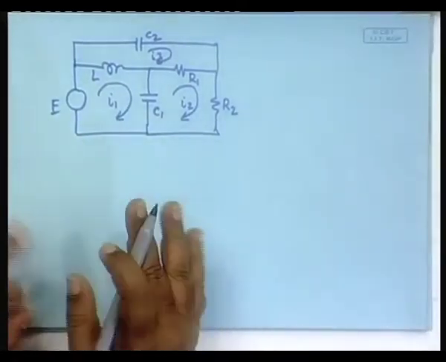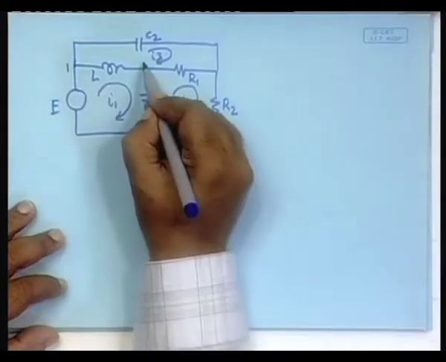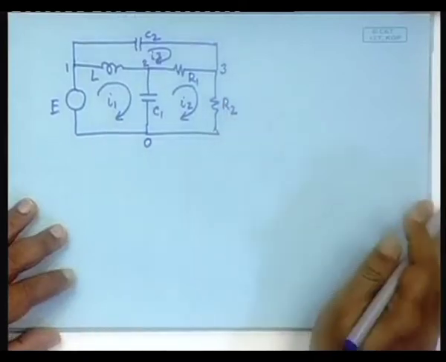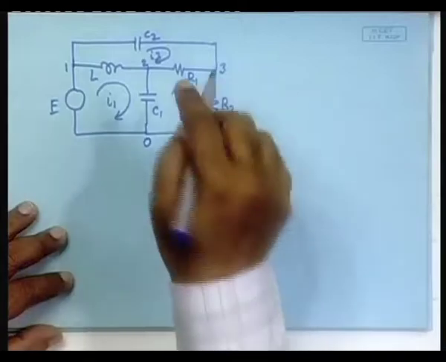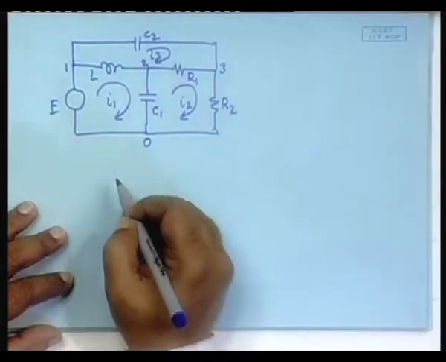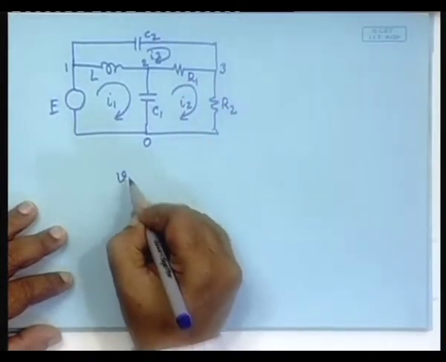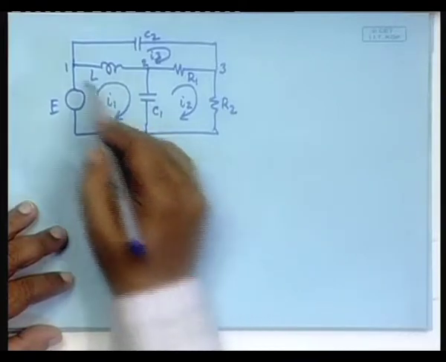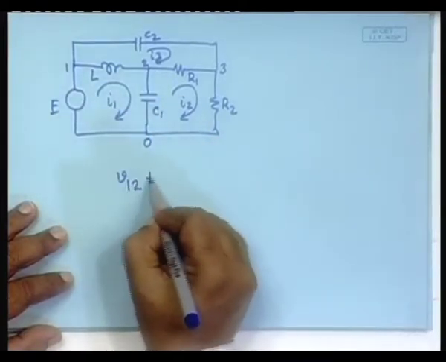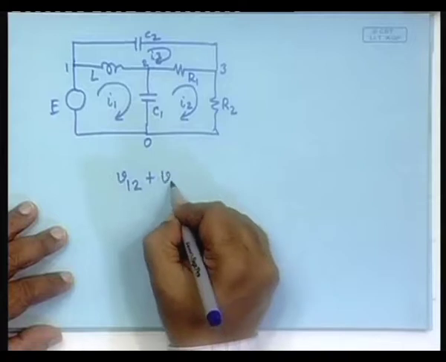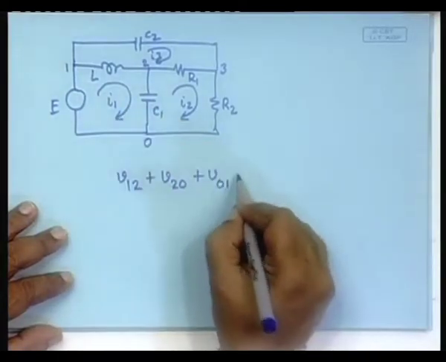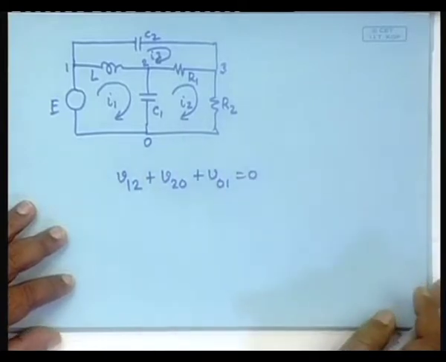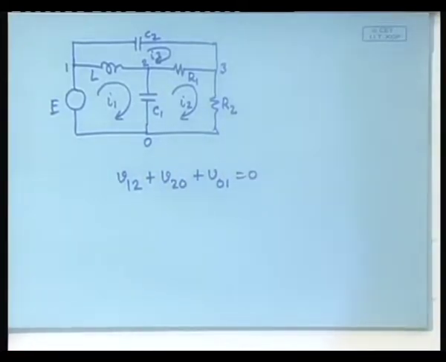In order not to make errors, I will mark the nodes 0, 1, 2 and 3, and then the mesh current method will give V12 plus V20 plus V01 is equal to 0. Happy? There is no problem about it.